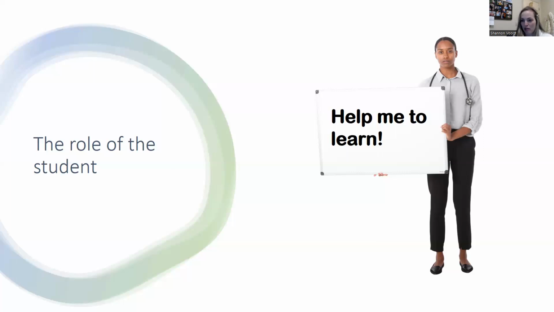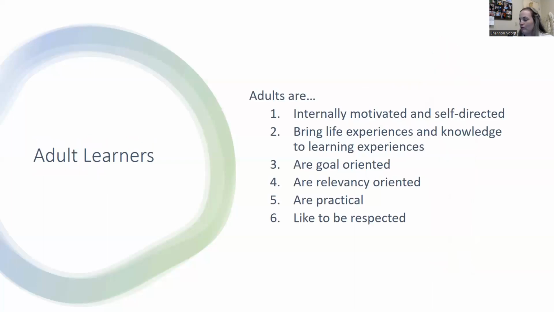A lot of students have mostly been in the hospital, and it might feel like they're on somebody else's turf, or they might be in a clinic that's outside of their hospital system. So they're unfamiliar with how the clinic runs or with the EMR. So we really want to help them to learn, but there are different ways that we can do that well.